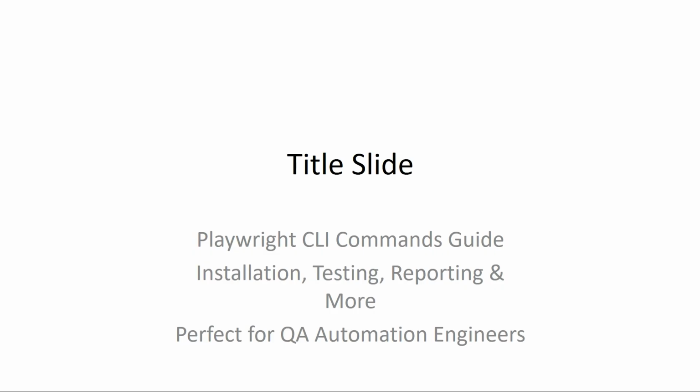Instead of doing everything manually, Playwright provides CLI command line interface commands that help testers quickly create projects, run tests, generate reports, and debug issues directly from the terminal. In this video, I will show you the most useful Playwright CLI commands and explain how they make work faster and easier for developers and QA engineers.